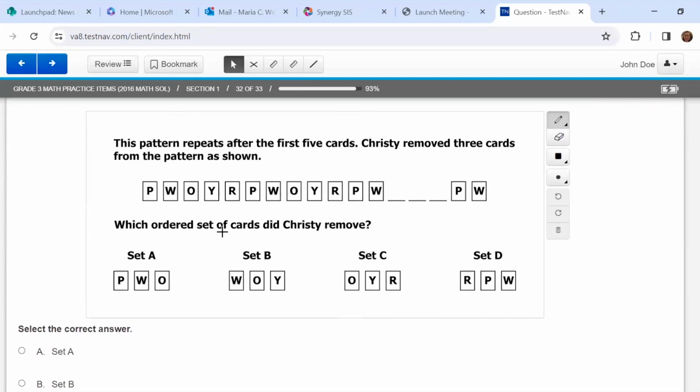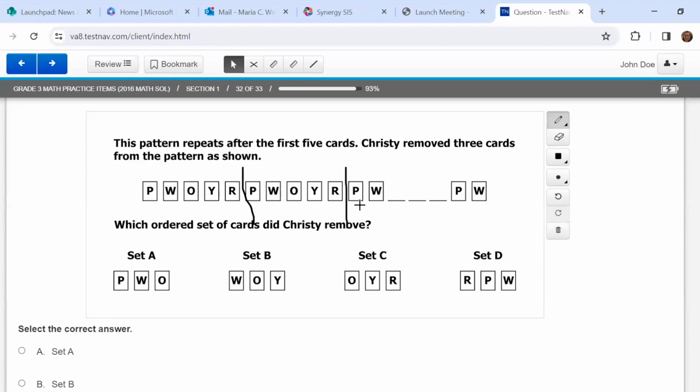This pattern repeats after the first 5 cards. Christy removed 3 cards from the pattern as shown. Which ordered set of cards did Christine remove? Okay, well, it kind of tells me where the pattern repeats, I think. So 1, 2, 3, 4, 5. PWOYR.